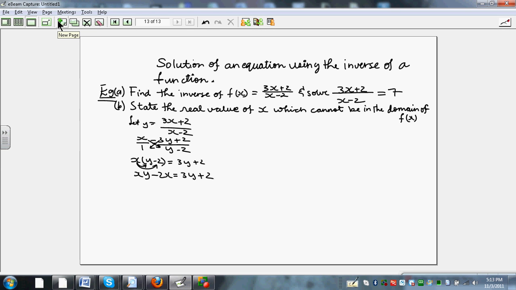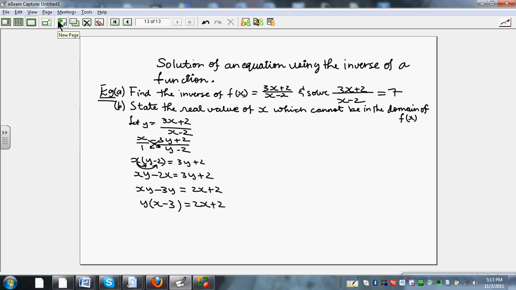The next step there is to make y the subject of the equation. And to do that, we get all the y terms on the left-hand side, and we get all the terms without y on the right-hand side. And we get xy minus 3y is equal to 2x plus 2. Then we take out y as a common factor, so we get y into (x minus 3) is equal to 2x plus 2.